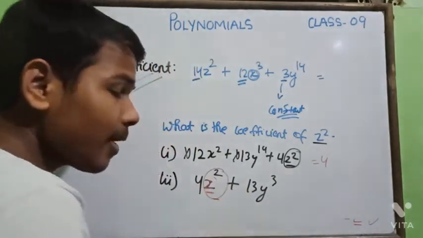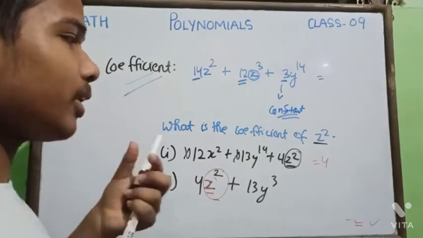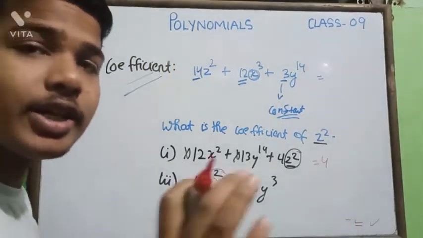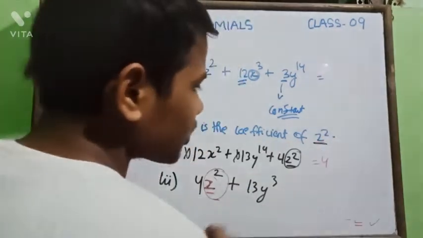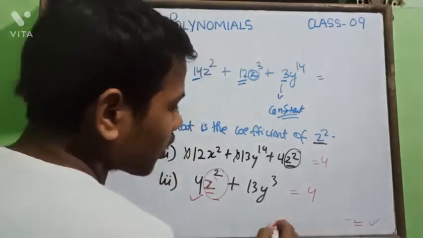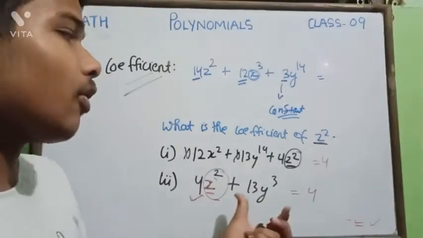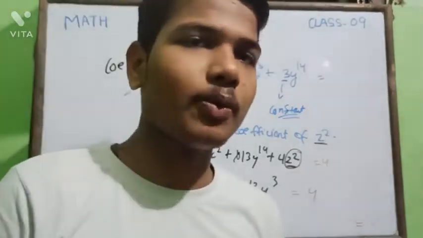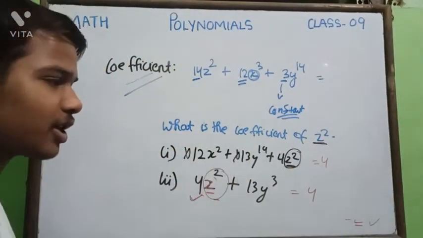What is the coefficient? The constant or the number before the given variable. It is asking for z², so what will be its coefficient? 4 will be its coefficient. Here also the same.